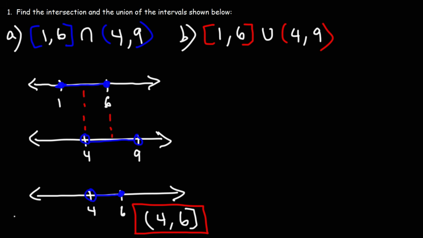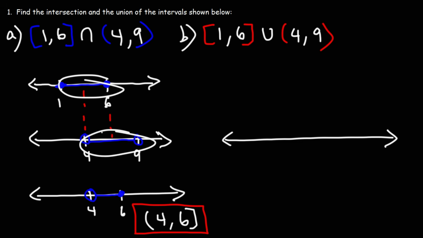Now let's move on to part B. So let's find the union of the two intervals. So we're going to combine these two intervals, starting with 1, ending at 9.